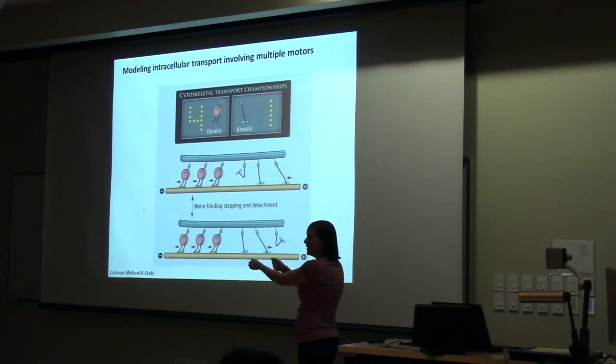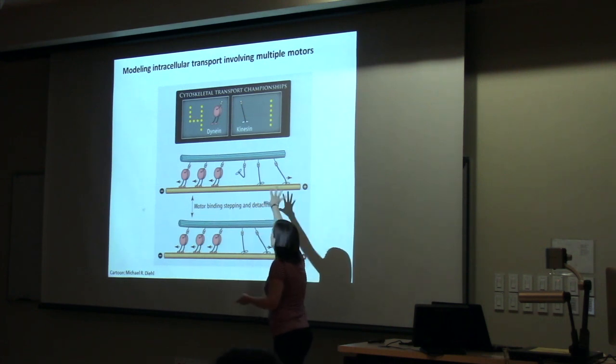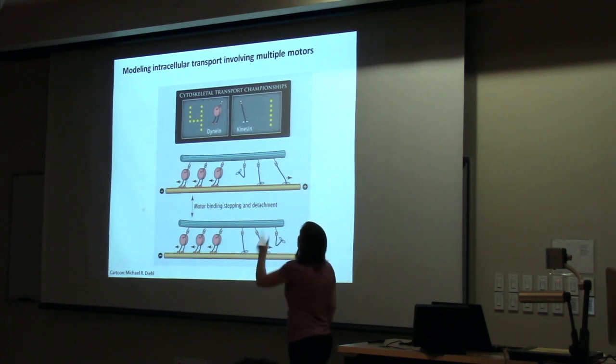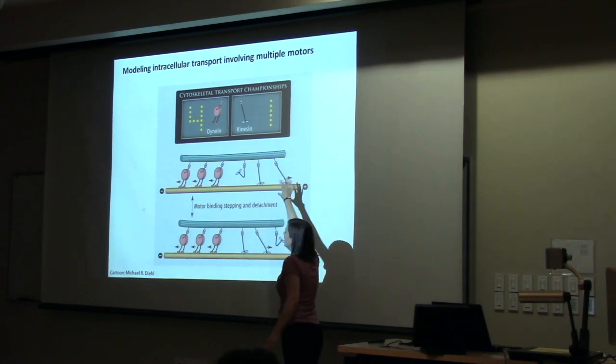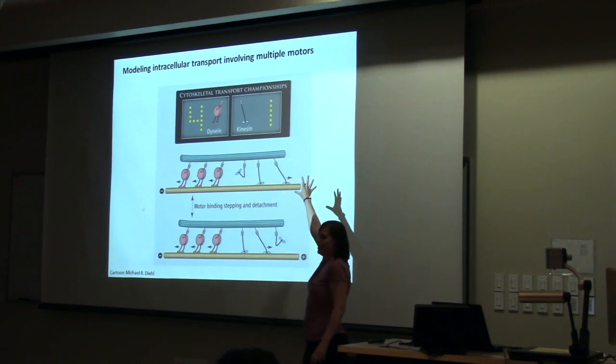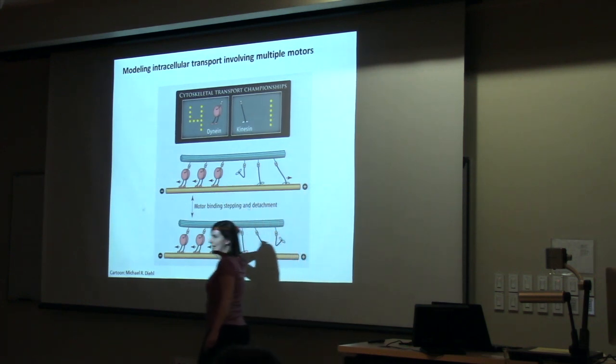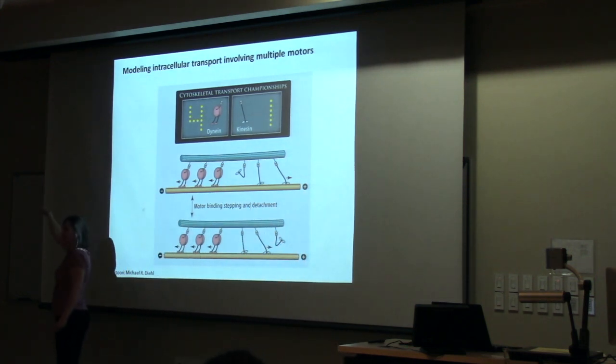And the more force they feel, the more likely they are to detach. Their binding affinity to the filament becomes weaker. So when one detaches, the remaining ones feel a stronger force individually and are more likely to detach also. If another one detaches, then that remaining one is even more likely to detach. So what you can get is a cascade of detachment, and then Team Dynein has won and can just take off in the direction it wants to go. Right?